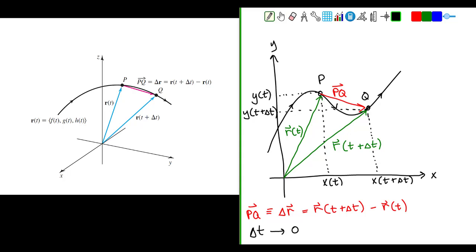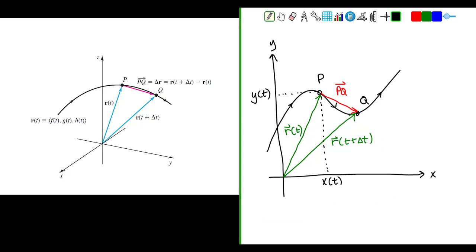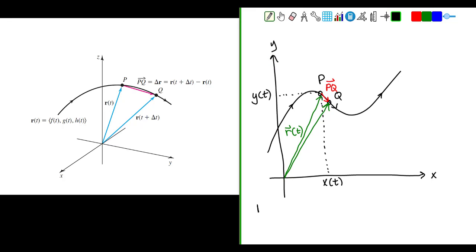What will happen is point Q will get closer to point P. As delta t gets smaller and smaller, point Q gets closer and closer to point P. The vector PQ is defined as the change of position between points Q and P, and that's just given as the position vector at point Q minus the position vector at point P.